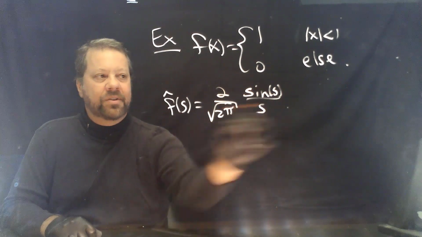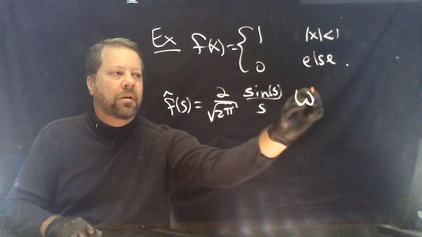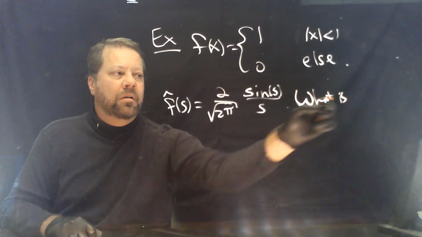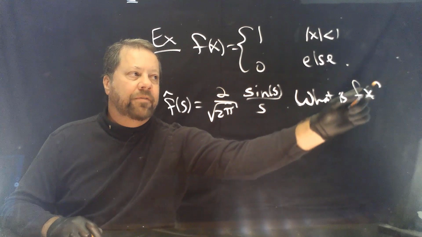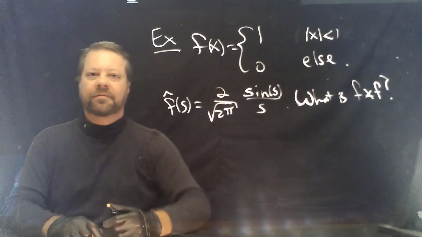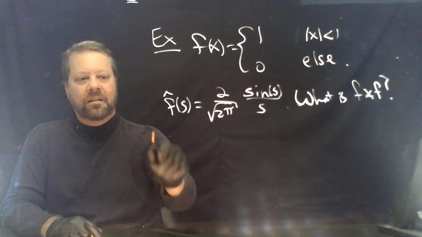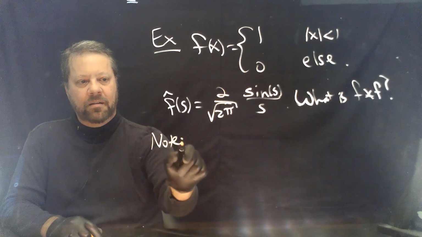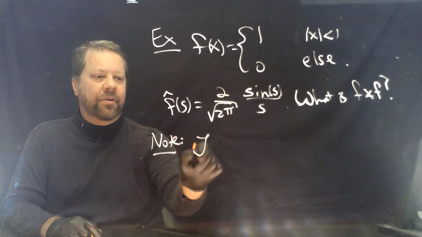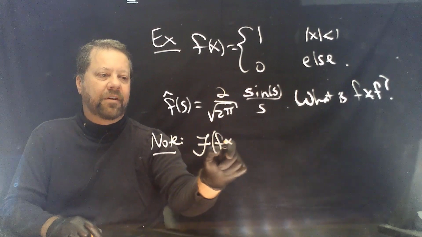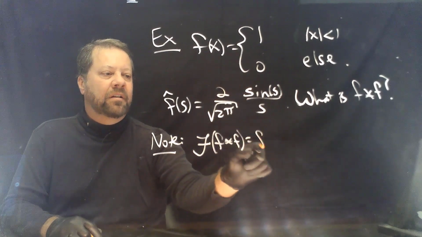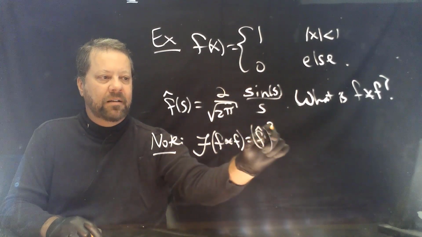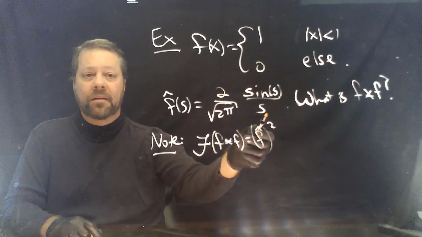My question is, f convolved with f, first off, note that if we do the Fourier transform of f convolved with f, we get this thing squared.